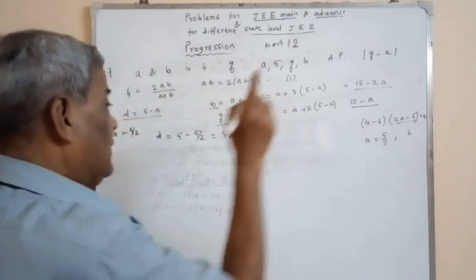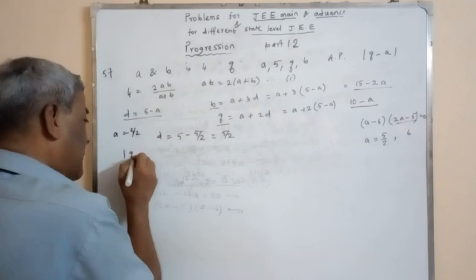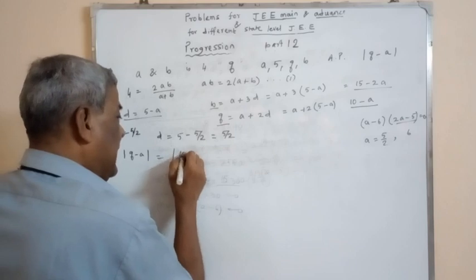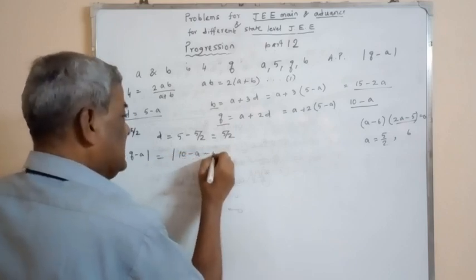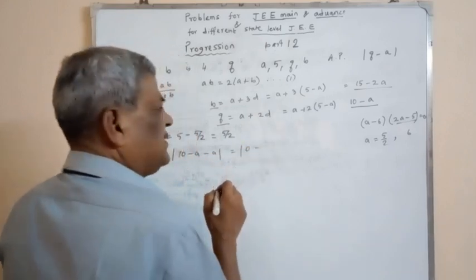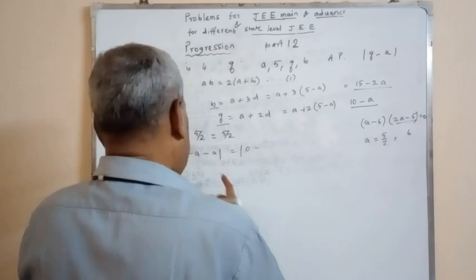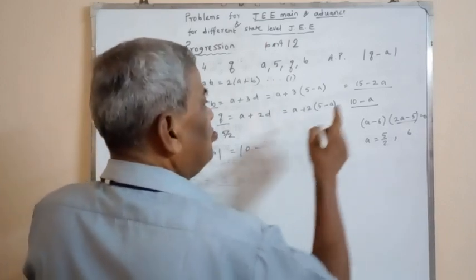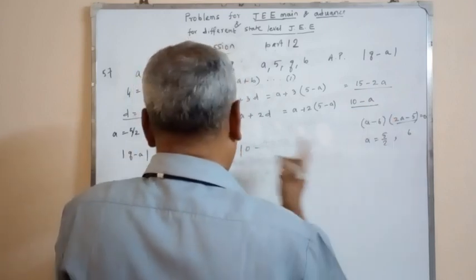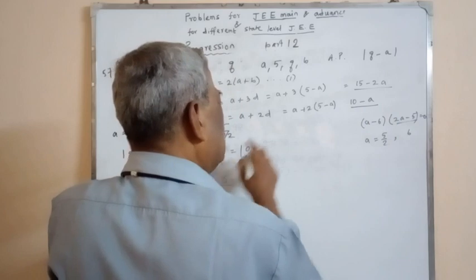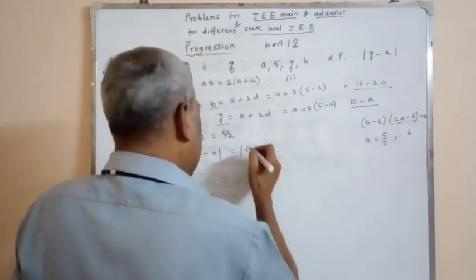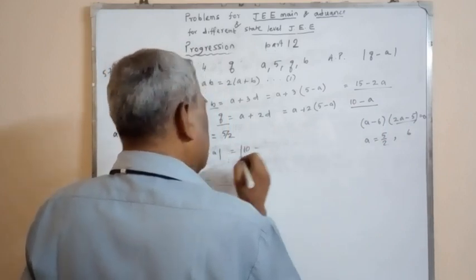So q minus a, where q is 10 minus a, minus a, that is 10 minus 2a.